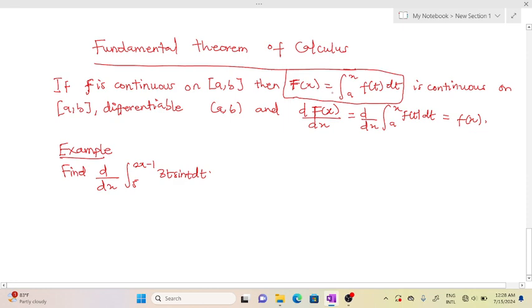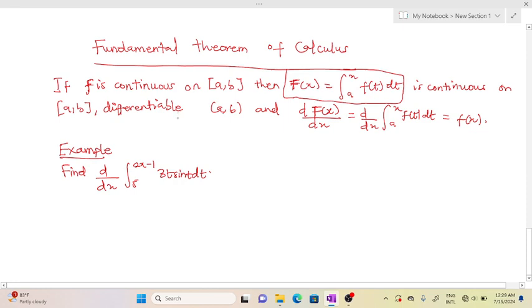We are saying that our capital F of x is defined as this, and it's also continuous on a closed interval and differentiable over the open interval. So now you know that our small f is just a continuous function on an interval [a, b]. A bigger function is defined as the integral from a to x of the unknown function f of t dt.